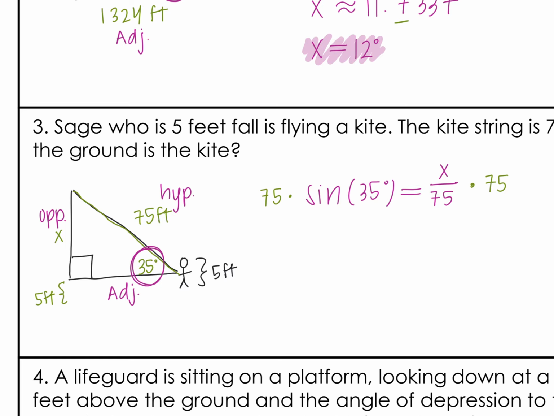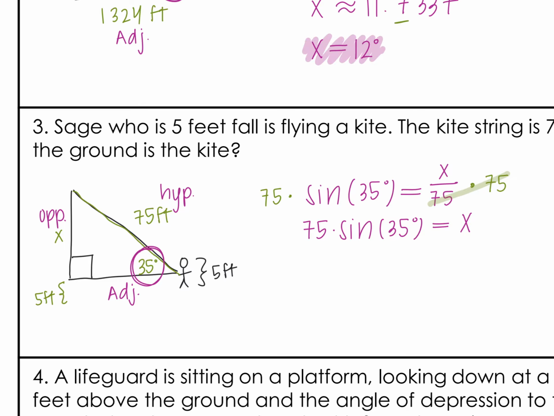And when I do that, I'm going to be left with 75 times that sine of 35 degrees is going to be equal to my x. To clarify, on the right side here, these two are going to cancel out. And then whatever I get here, remember, we do want to add that 5 to it.